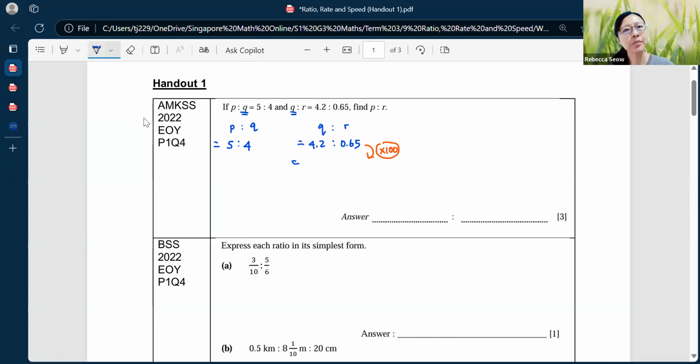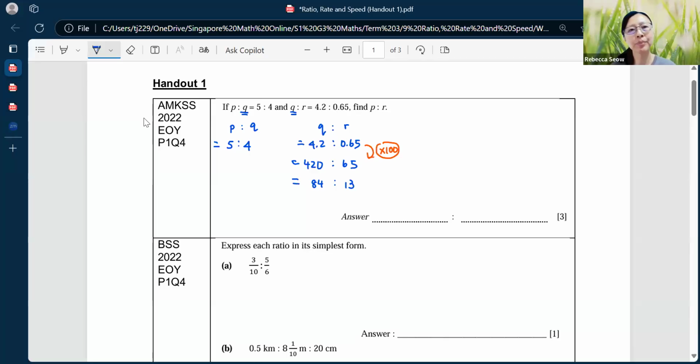This means that 4.2 has to be multiplied by 100 as well, and that will give us 420 to 65. Following that, let's leave this in the simplest form. We have 84 to 13. Now let's take a look at the first set of ratio where you have Q being 4.